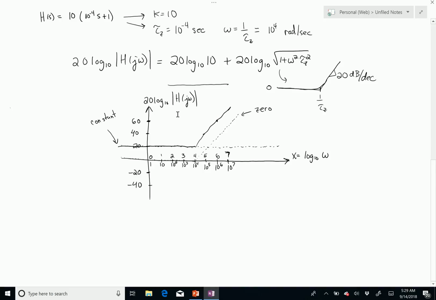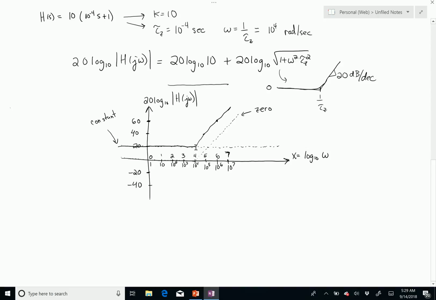Basically what I'm saying is at any given frequency, I'm constant and then rising. So at any given frequency, I add up the effect of the constant and the 0. Out until 10 to the 4th, I had 20 plus 0. Once I go above that, I have 20 plus whatever this guy's telling me.